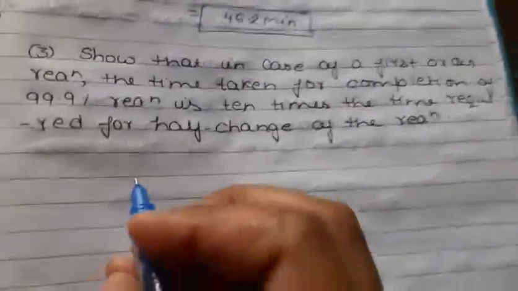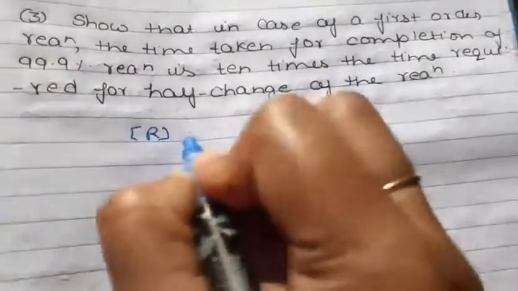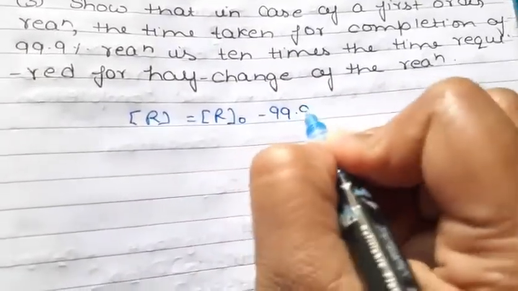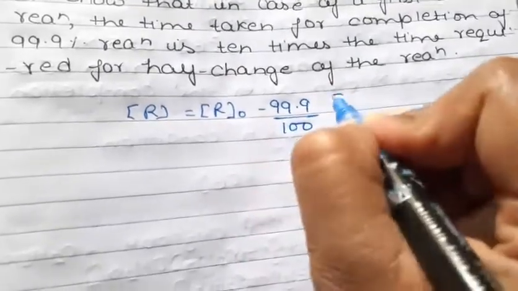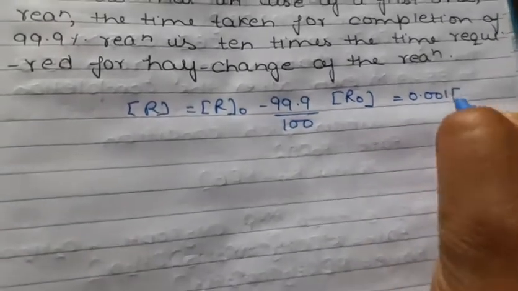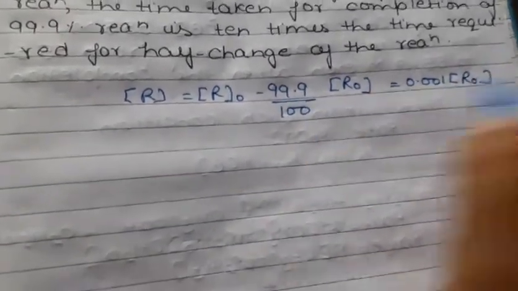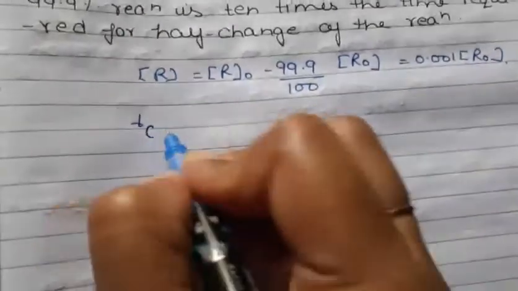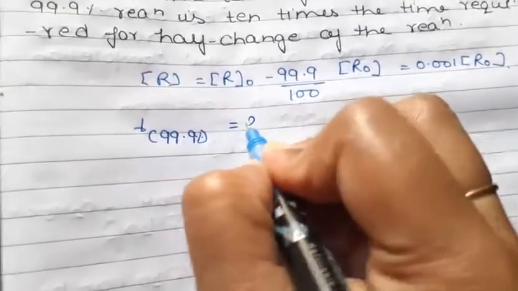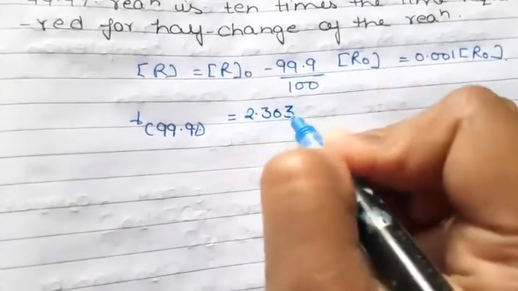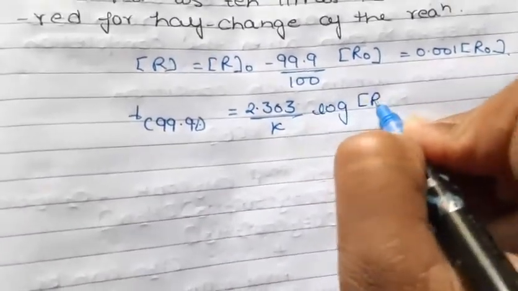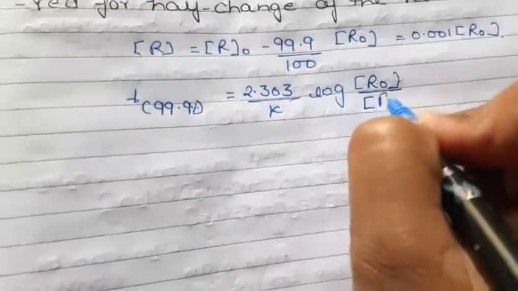Students, from here we can write that R equals R naught minus 99.9 upon 100 R naught, that is 0.001 R naught. And for 99.9%, t equals 2.303 upon k log R naught upon R.